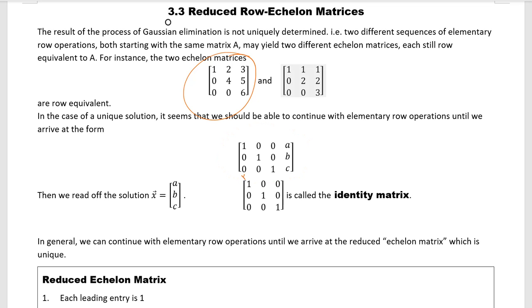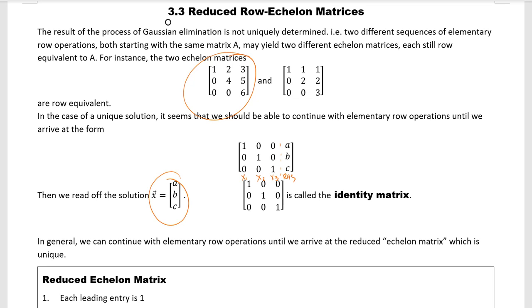Remember, the first row is the coefficient of x1, the second row the coefficient of x2, and the third row the coefficient of x3, and then this is the right hand side. So in the last row we get x3 equals c, the second row x2 equals b, and the first row x1 equals a. So we can read off the solution.